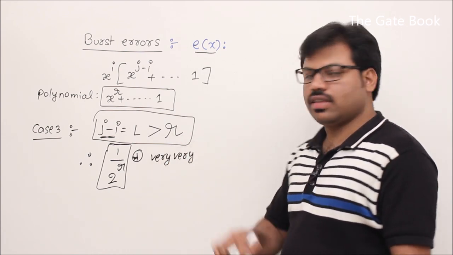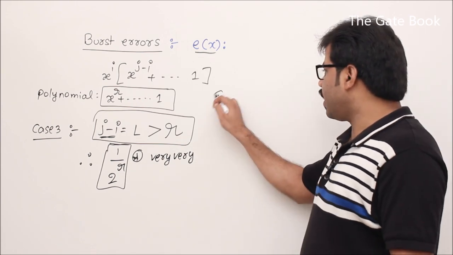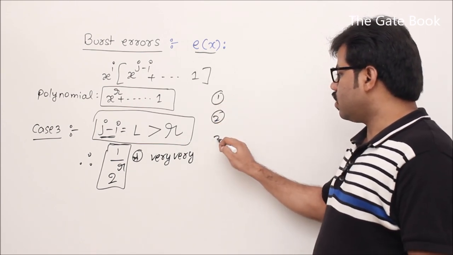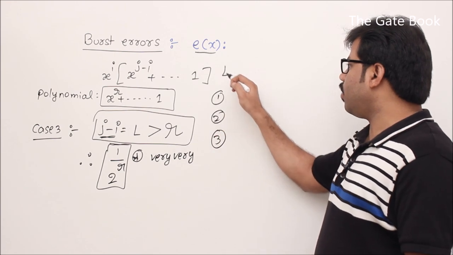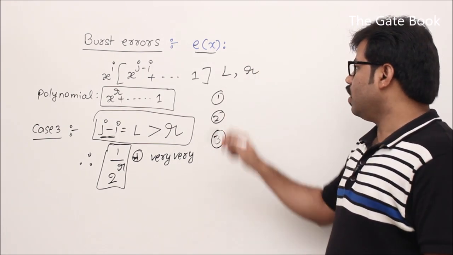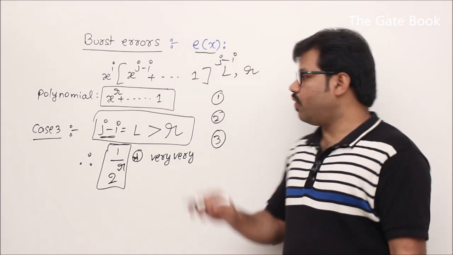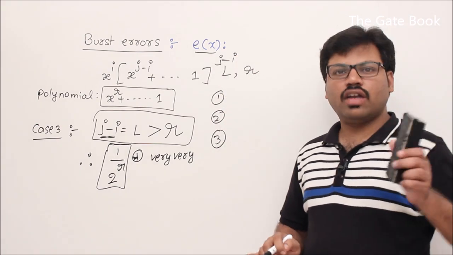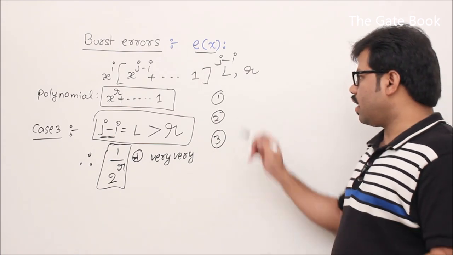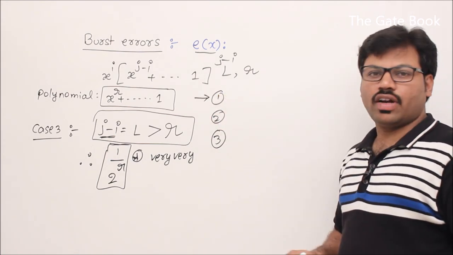Let's summarize all three cases: case number 1, case number 2, case number 3. This entire story depends on L and the degree of the polynomial, where L is nothing but j minus i. Whenever you choose a polynomial of degree r, that polynomial always detects errors in case number 1. What is that?